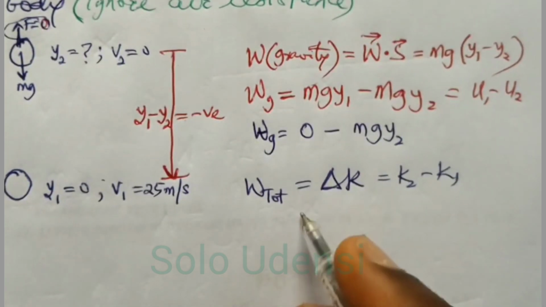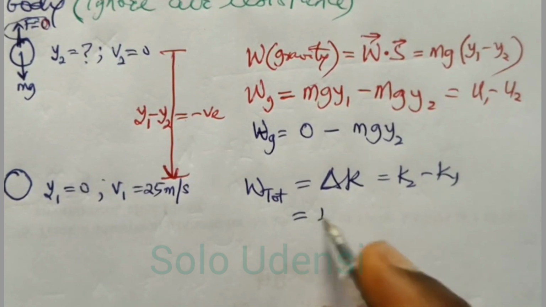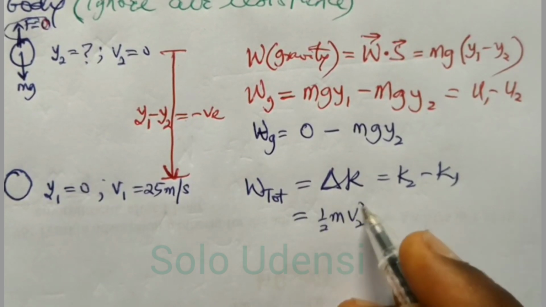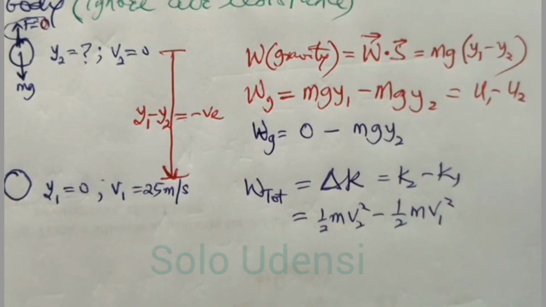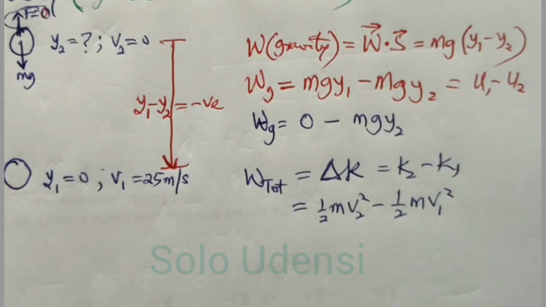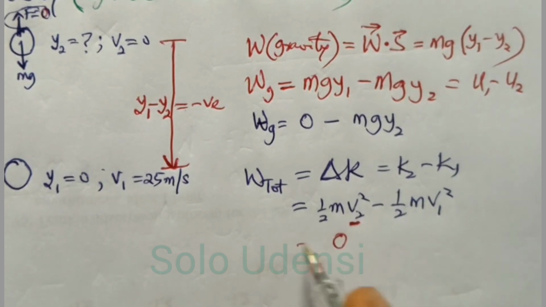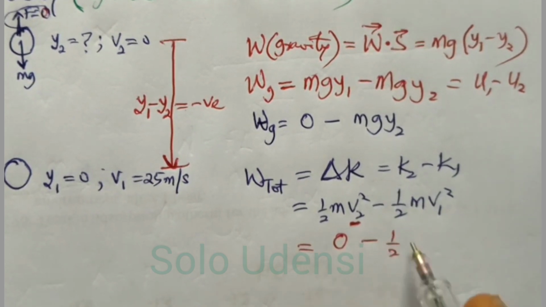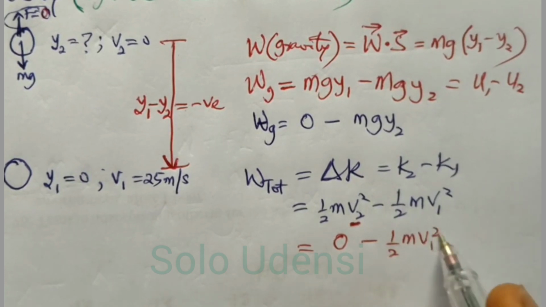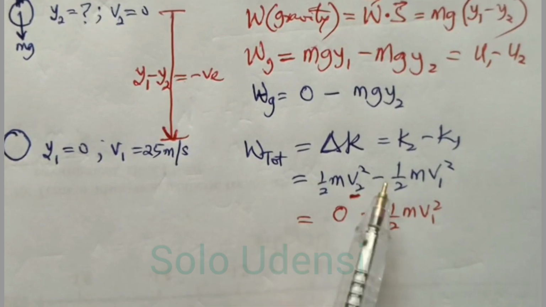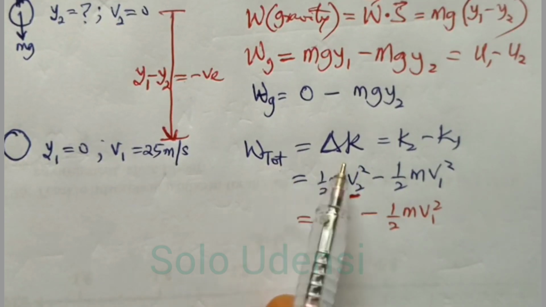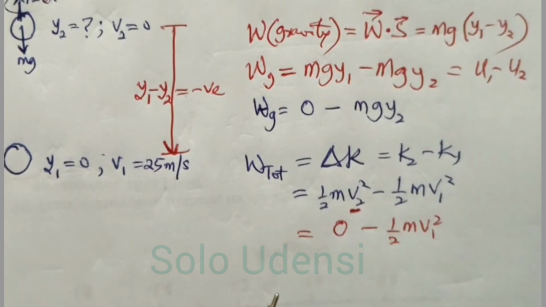So the total work done will be half mv2 squared minus half mv1 squared. From here the velocity at maximum height is 0, so everything here is 0 minus half mv1 squared. So what we are now going to do is to equate the work done using kinetic energy and the work done using potential energy.